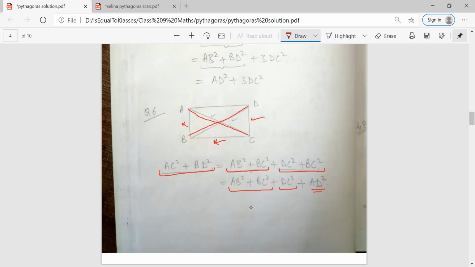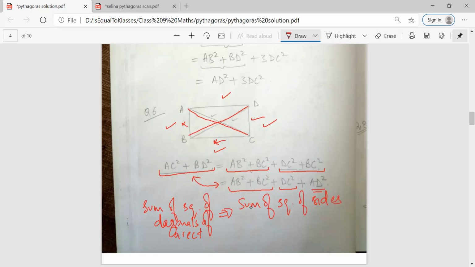Any doubt? No, sir. Now, if you look closely at this statement, AB, BC, DC, and AD, then what this statement is saying is that the sum of squares of the diagonals of a rectangle is equal to the sum of squares of the sides of a rectangle.